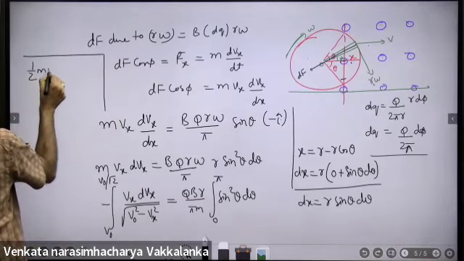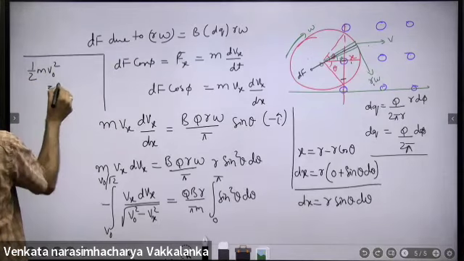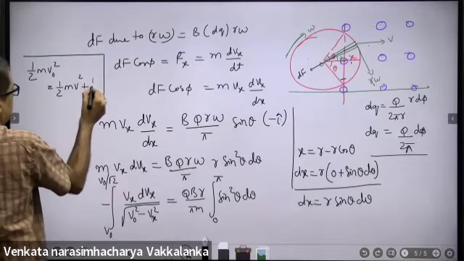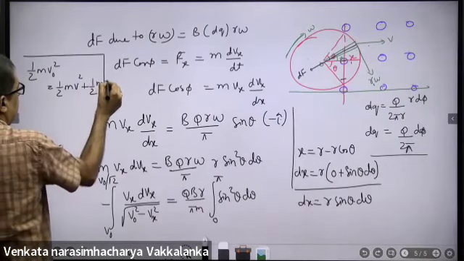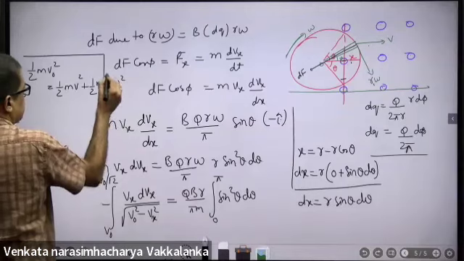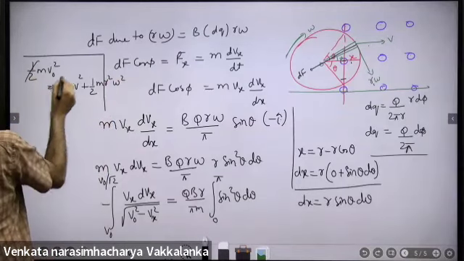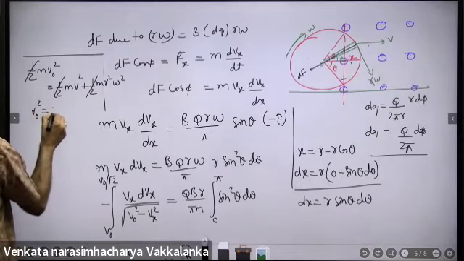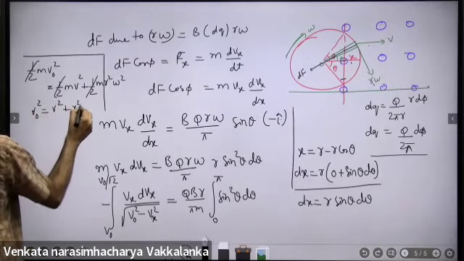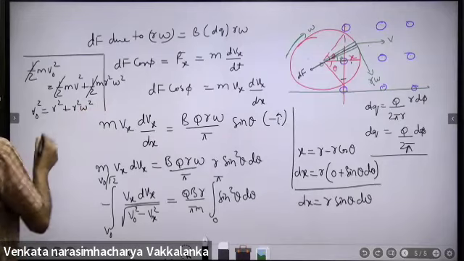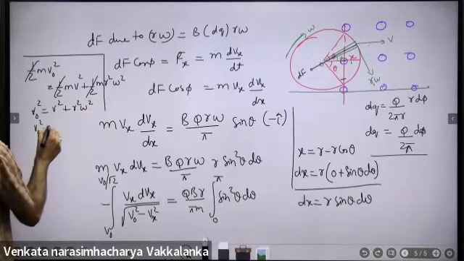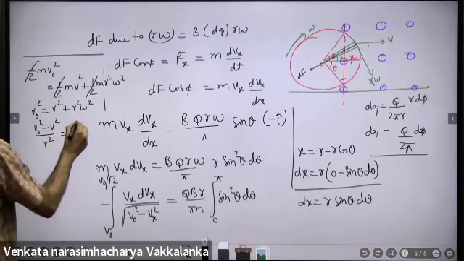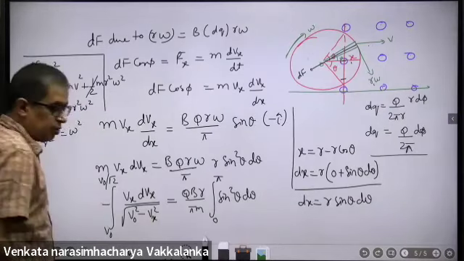Half m v naught square is equal to half m v square plus half m r square omega square. Right? Half will go, m will go. V naught square is v square plus r square omega square. V naught square minus v square by r square is omega square. That's what I substituted here.